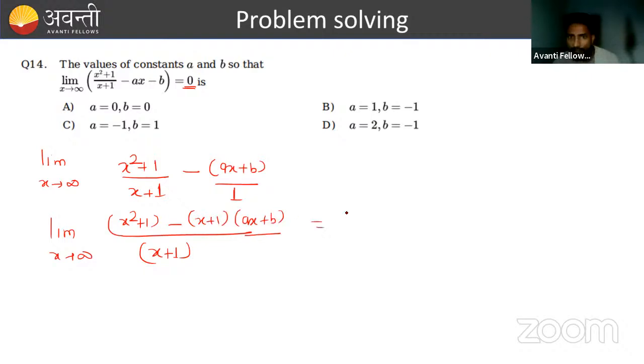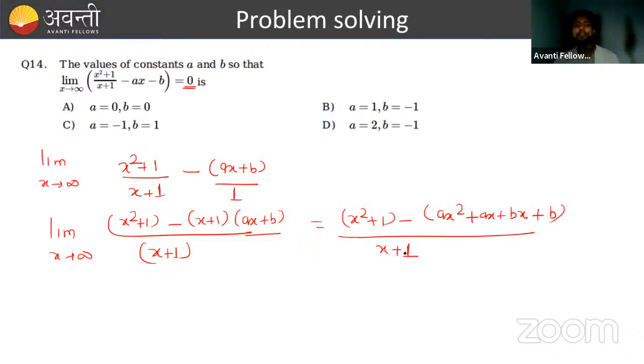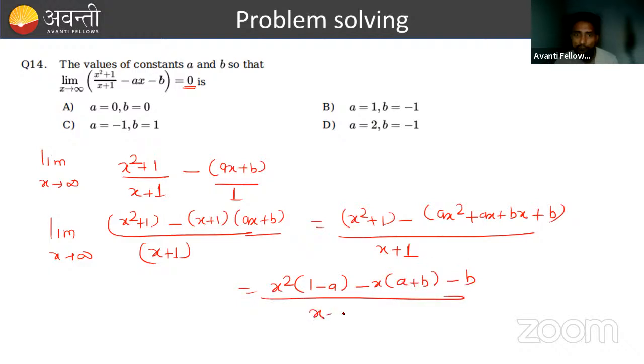Now you can see this is x square plus 1 minus ax square minus ax plus bx plus b, sorry, minus ax square minus ax minus bx minus b, divided by x plus 1.